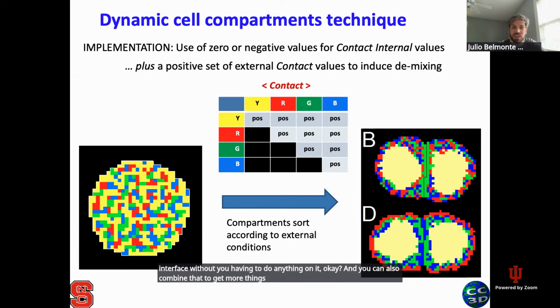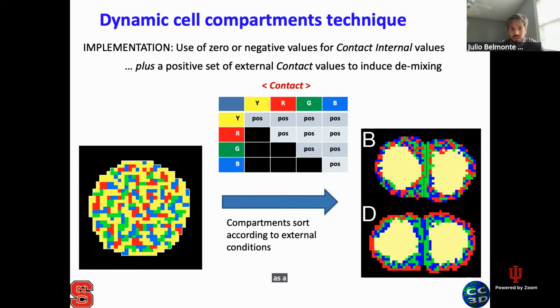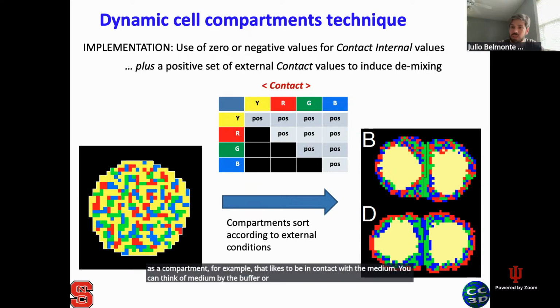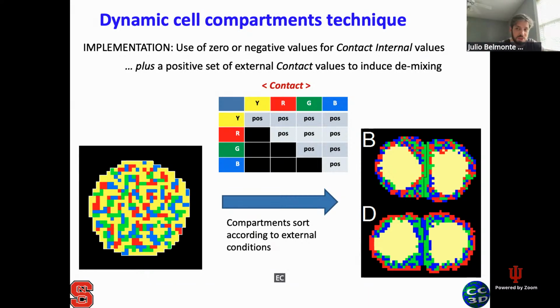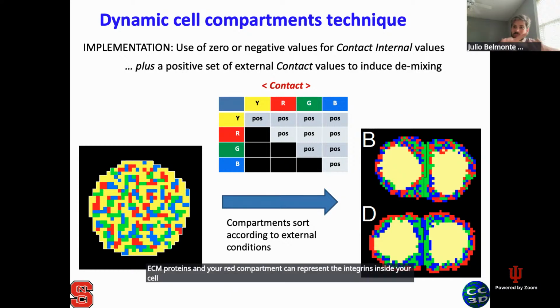You can also have a cell compartment, for example, that likes to be in contact with the medium. You can think of the medium as a buffer, or maybe the medium is composed of ECM proteins, and your red compartment can represent the integrins inside your cell, so they automatically localize to the outside.